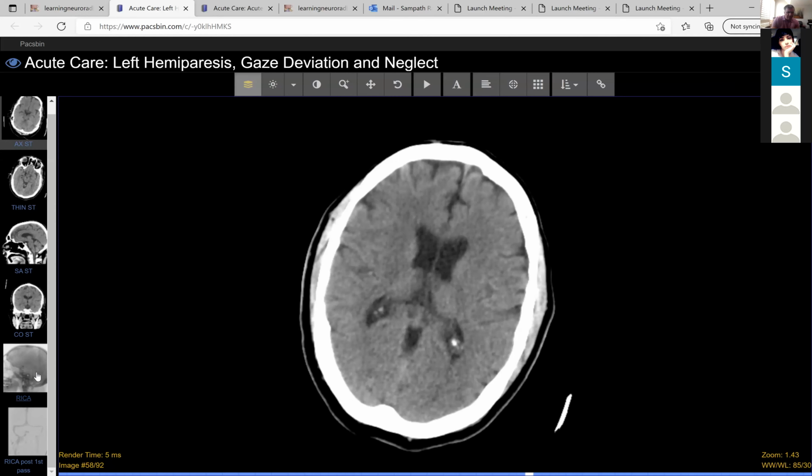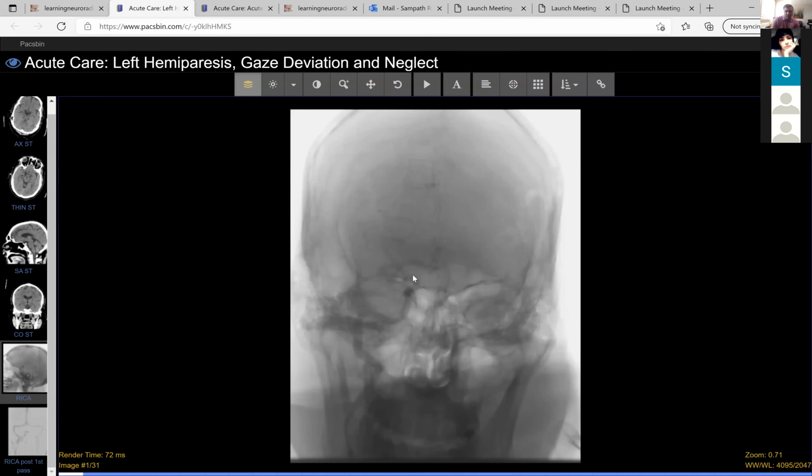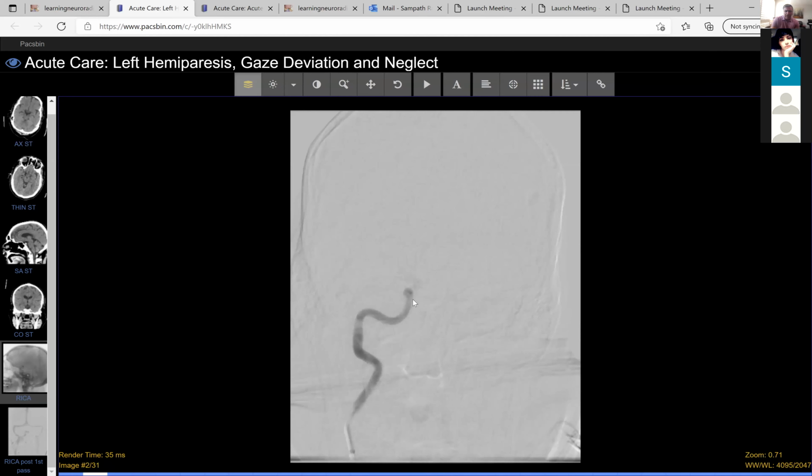And in this case, we actually do something called a cerebral angiogram, where we physically put in the contrast ourselves through a catheter, and then we can see that this is your right MCA, or middle cerebral artery.